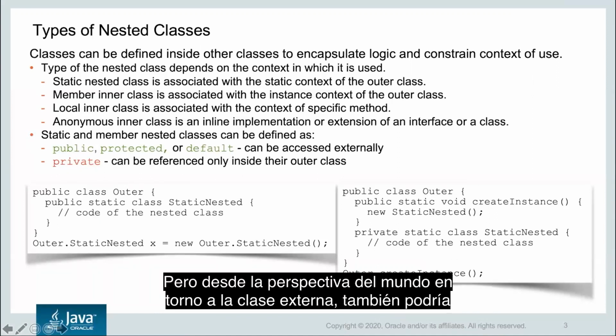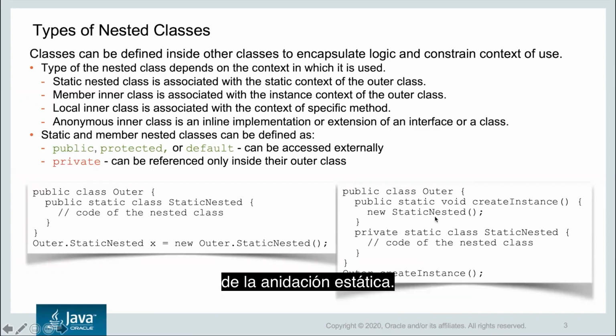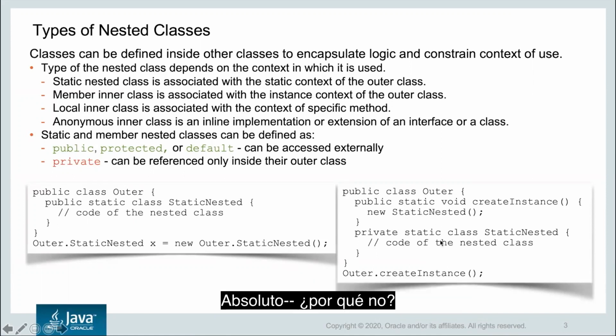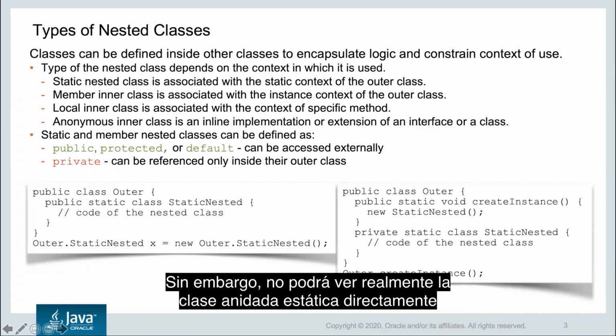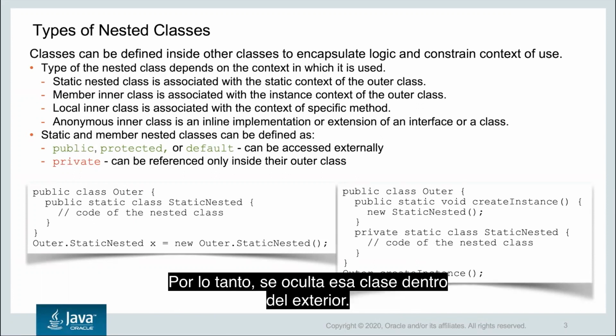From the perspective of the world around the outer class, you would be able to call a method upon the outer class, which presumably internally creates some instances of the static nested class. Absolutely, why not? But you won't be able to see the static nested class directly from outside of the outer class. So you hide that class inside the outer.